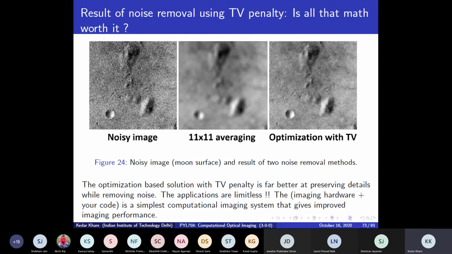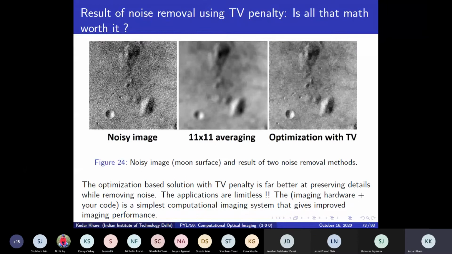So my system is the telescope, camera, and the algorithm. And instead of living with this image, now I can get this image. So I can say that my system overall is better.